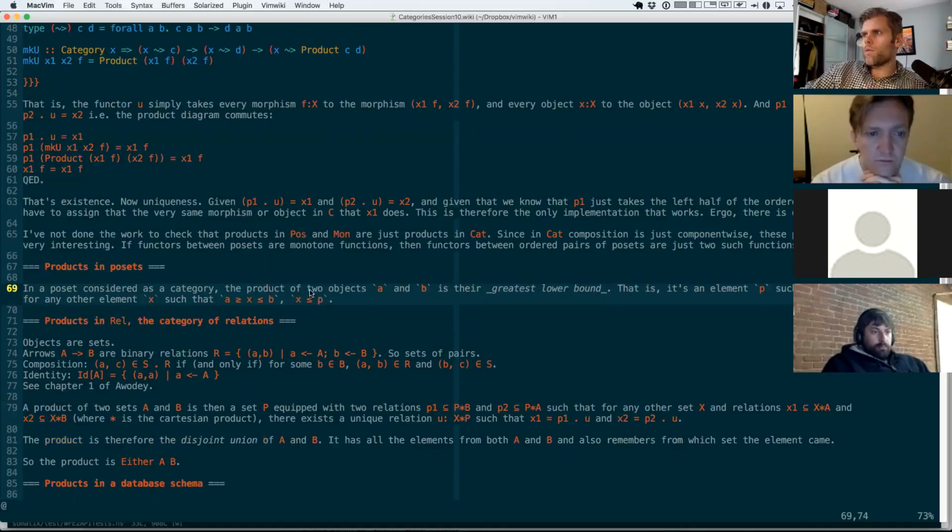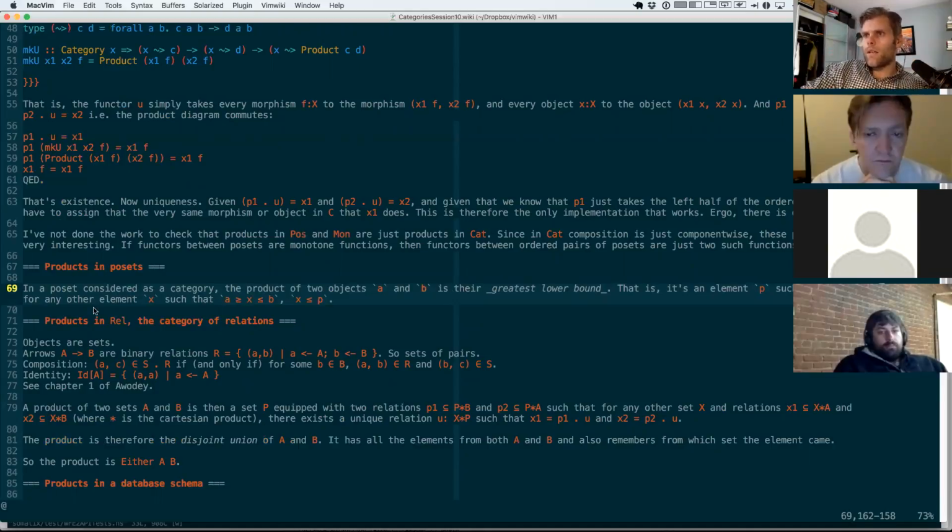And so the product of two objects in this category is their greatest lower bound, which is sort of interesting. So it's some element P, and we can see that there's an arrow from P to A and an arrow from P to B. So that looks like the bottom of our product diagram.